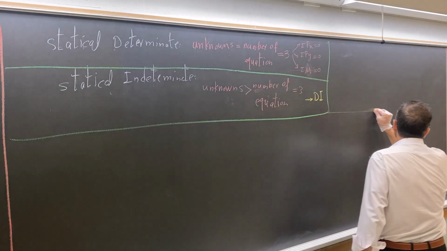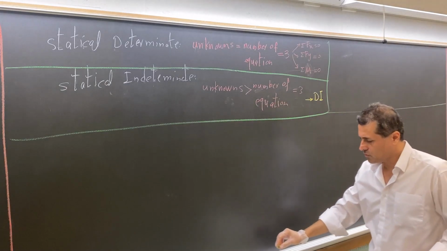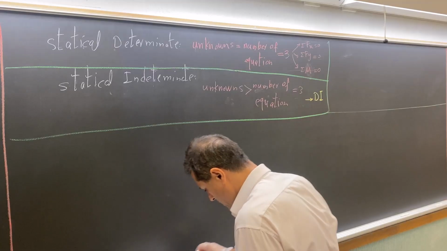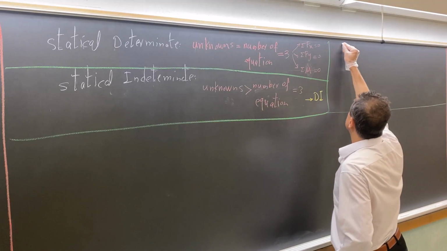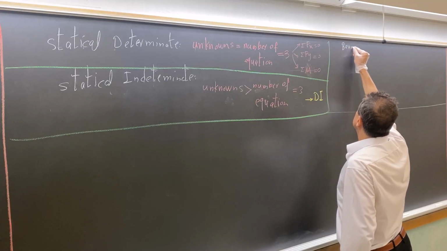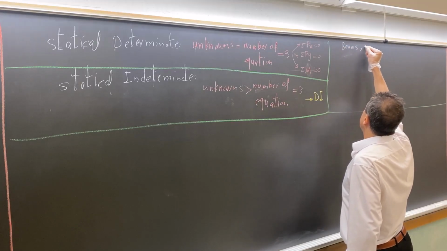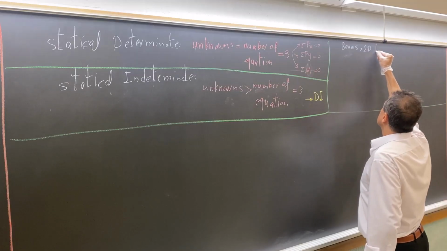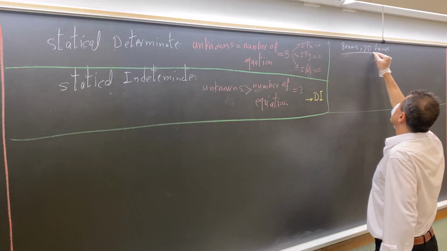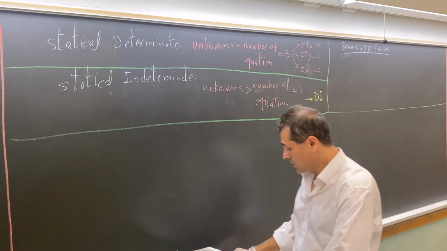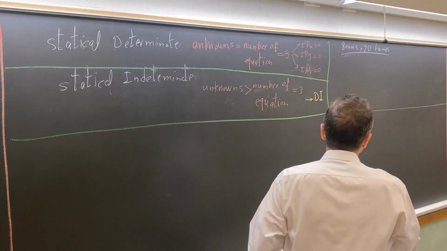So now, we are going to discuss this concept for beams and 2-dimensional frames. How to find the degree of indeterminacy for these structures. This is the formula.